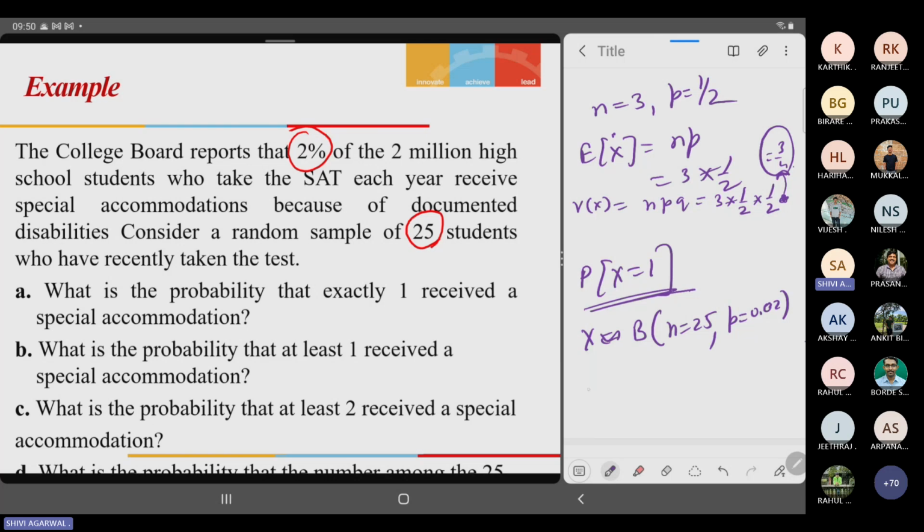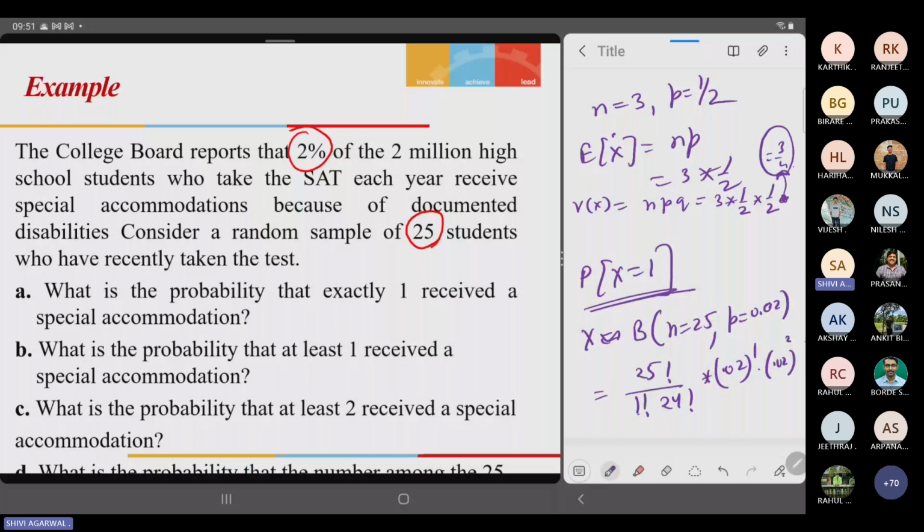That is by using the probability density function. What is that probability density function? It is 25 factorial upon 1 factorial times 24 factorial, multiplied by 0.02 to the power 1, multiplied by 0.98 to the power 24.